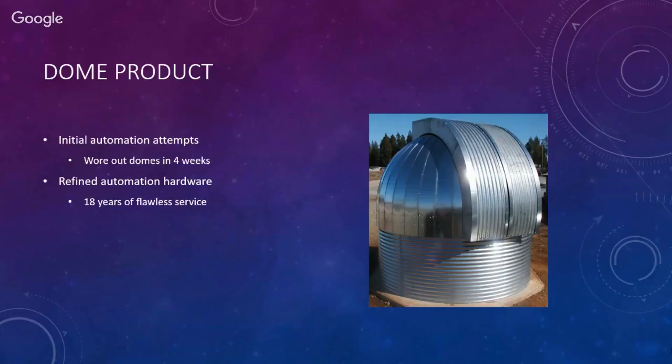So we came back in and retrofitted the retrofit, put a stepper motor on it, went through accelerated motion, put additional support rollers in the Ash Dome. And with that concept, it's worked flawlessly for 18 years now.